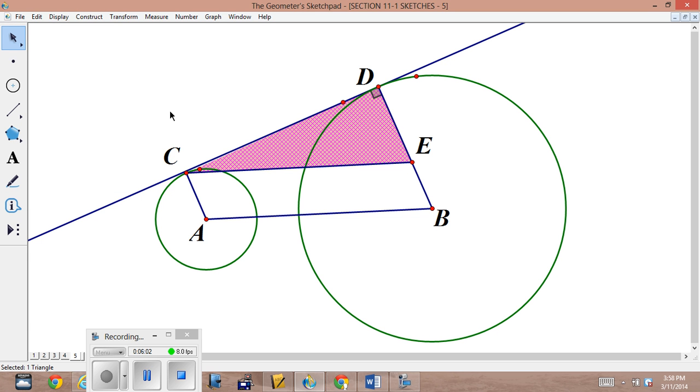We want to look at that triangle, which is the right triangle. That right triangle has the hypotenuse CE, which is the distance between the two centers, and it has the length of the tangent segment CD as one of the other sides. DE is the difference between the two radii of the circles.